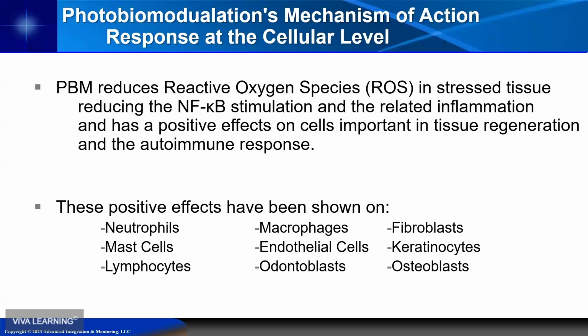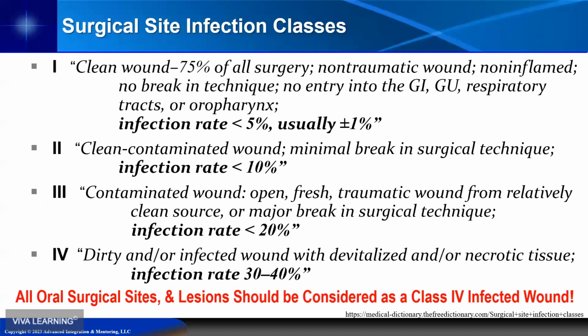So the idea of knowing that we have light therapy that can help manage a wound becomes a significant part of what we're able to do. So as we look at what are the classifications of surgical sites, and as you read through these, you're going to actually see that where we are in the oral cavity, we're dealing in a dirty and infected wound site because of the flora of the oral cavity.